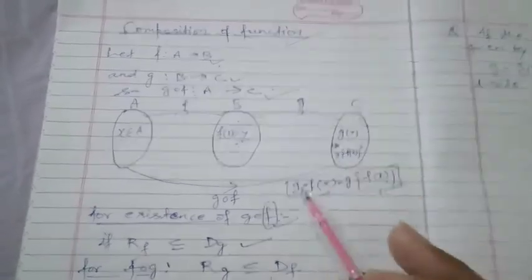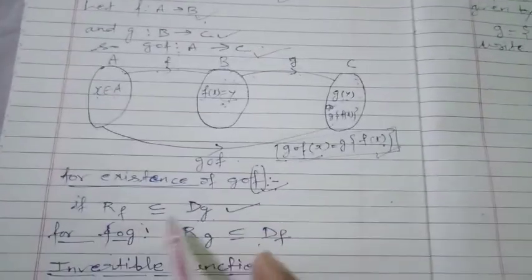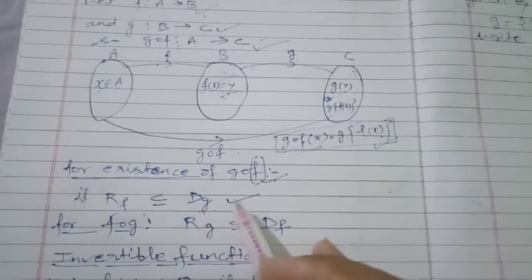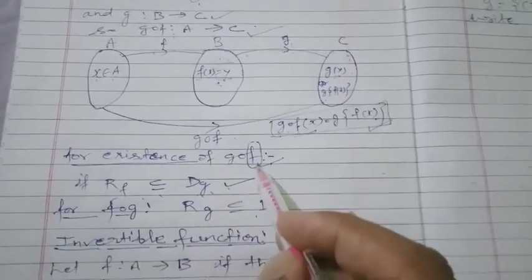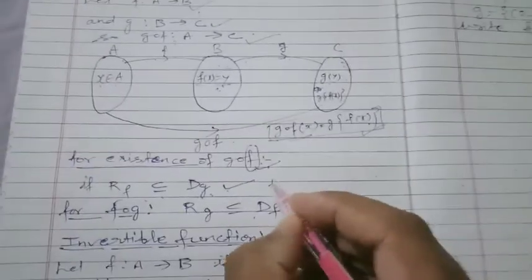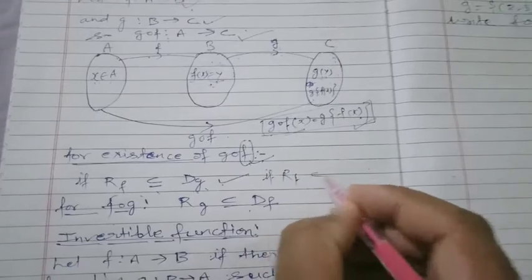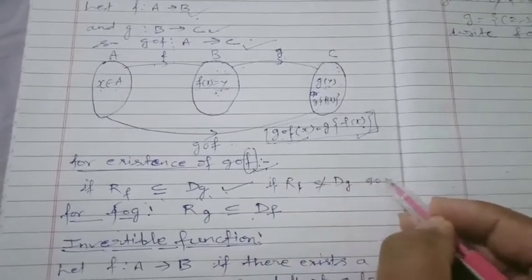Now for the existence of gof, when you find the gof function, first condition: if range of f is a subset of domain of g, then you can find the gof. And if range of f is not a subset of domain of g, then gof will not exist.